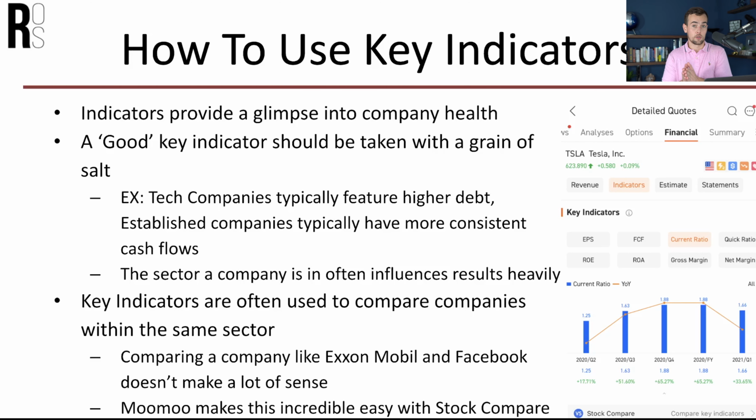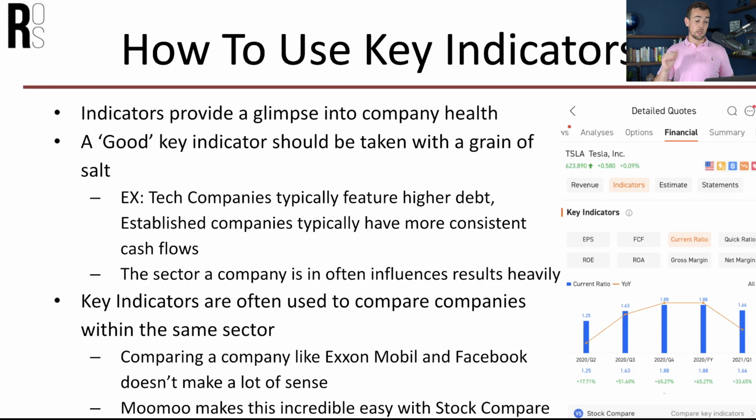Now, on the other side of the coin, it would make sense to compare the PE ratio of Facebook to Twitter and Twitter to Snapchat, just the same as it would make sense to compare the PE ratio of ExxonMobil to Chevron and Chevron to BP, but you just don't mix the two and compare PE ratios or many other key indicators between completely different sectors or industries.